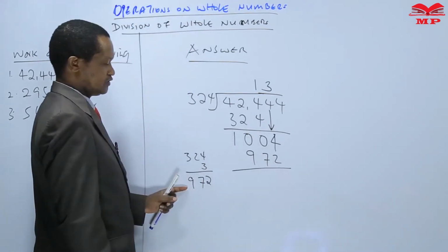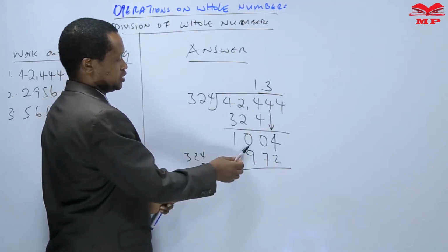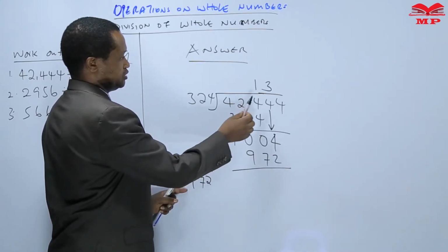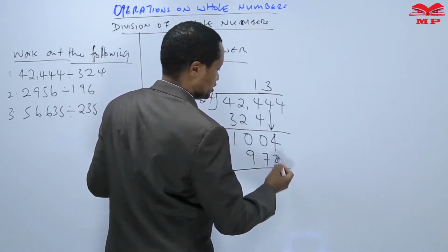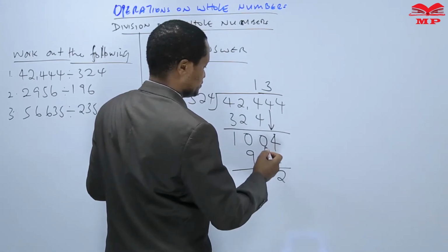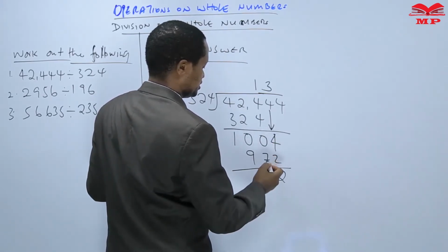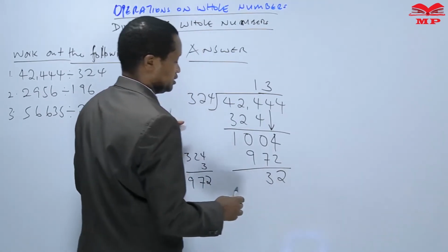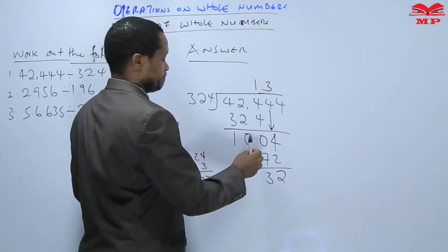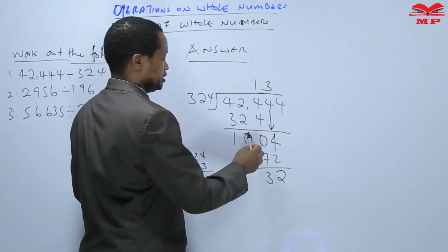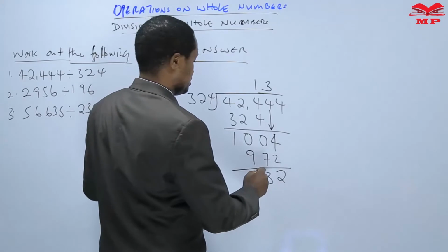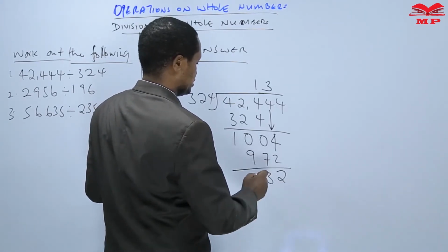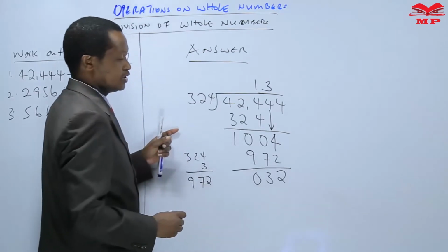Then we subtract: 4 minus 2, 2, then 10 minus 7, 3, then 10 hundreds minus 9 is 1, which is 0 in the end.